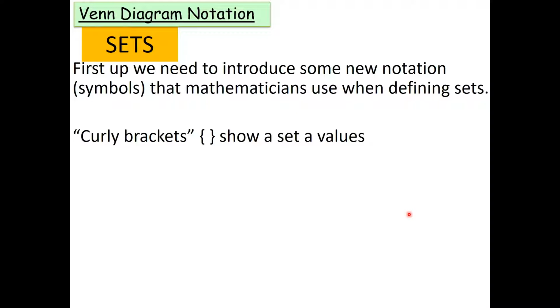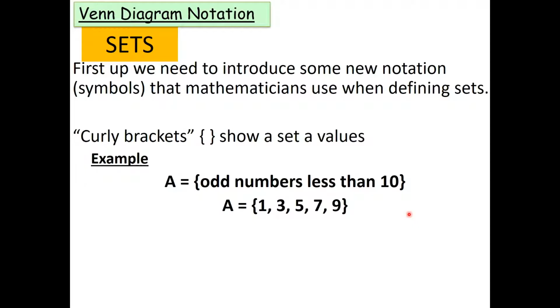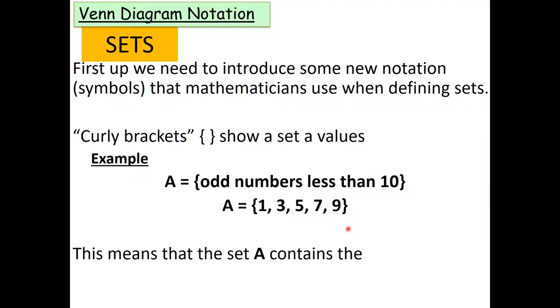When I say that something's in the set A, I might write an A with curly brackets, and then put all the numbers that are in that set inside it. So for example, A is odd numbers less than 10: 1, 3, 5, 7, 9, those are all the odd numbers less than 10.